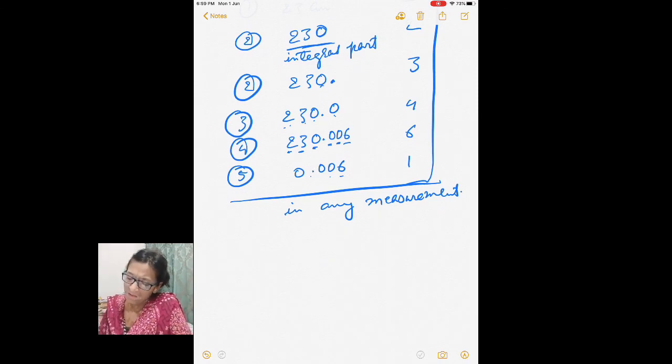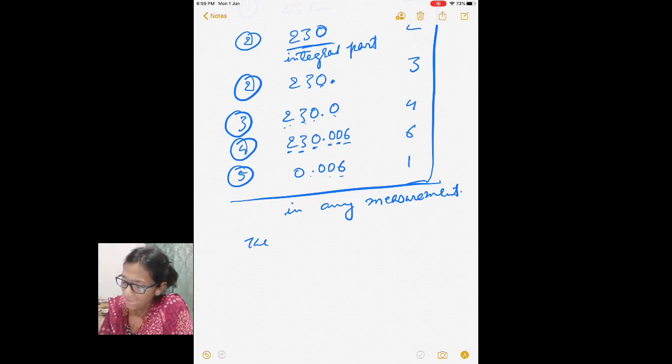Now, many a time we multiply with some number, like in the measurement of diameter we multiply by 2, pi r times 2. Many a time we multiply by 4, like for the area of a sphere, 4 pi r square, 4 is multiplied.